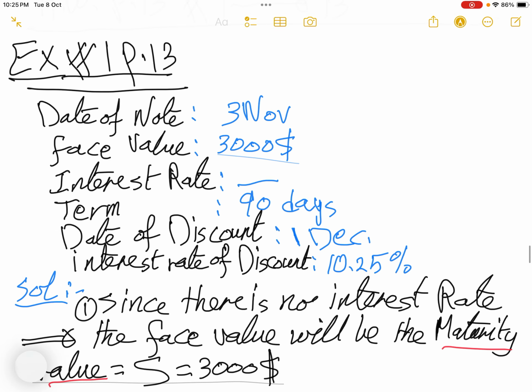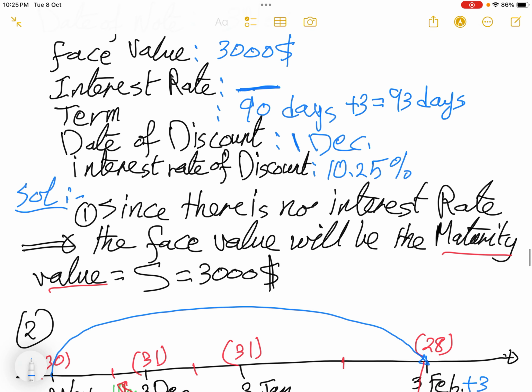Date of note 3rd of November, face value 3,000, interest rate no interest rate, term 90. Notice here you must add the 3 days, which is 93 days. Date of discount 1st of December, interest rate of discount 10.25%. Since there is no interest rate, the face value will be the maturity value S.